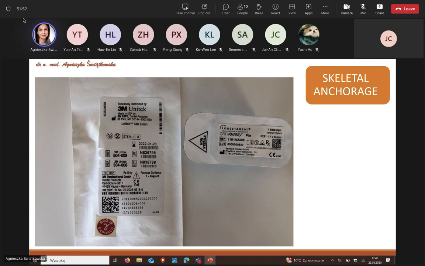Here you have information about the length of the implant and about the diameter. For example, 6 millimeter length and diameter 1.7, and here is information about the slot, because this kind of implant has a bracket with a slot.